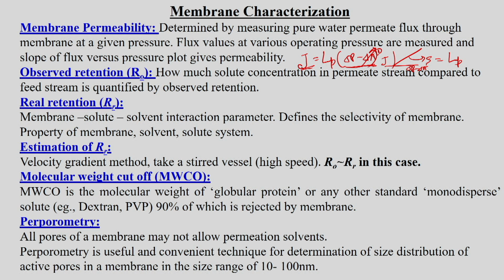Then porometry: all pores of a membrane may not allow permeation of the solvent, so porometry is a useful and convenient technique for determining the size distribution of the active pores in a membrane in the size range of 10 to 100 nanometers.